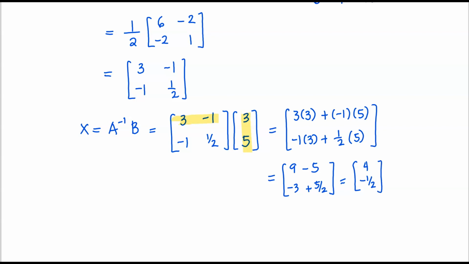Therefore, this implies that X, which is equal to the column matrix x, y, is equal to 4, negative 1/2. That means that x is equal to 4, the first entry here, and y is equal to negative 1/2.